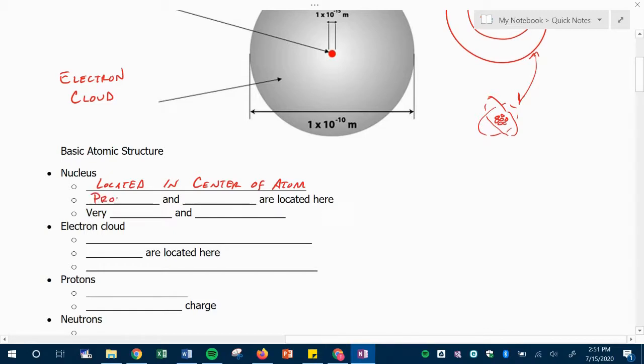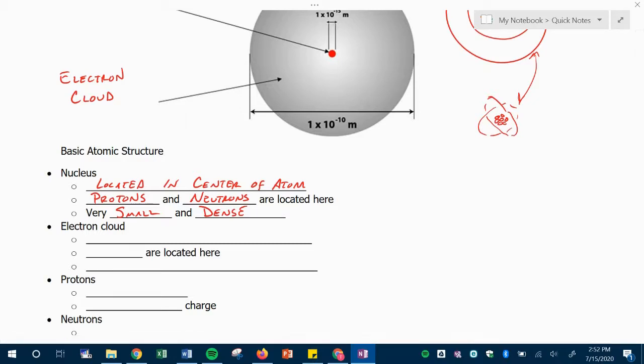It contains protons and it contains neutrons. Now, as it turns out, protons and neutrons are essentially the heavier parts of an atom. And so most of the mass of an atom actually comes from the nucleus itself. Aside from this, the other very important thing is that the nucleus is very, very small and very dense. So these are the important things with regard to the nucleus.